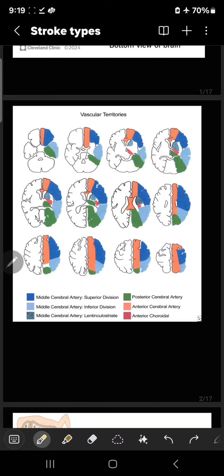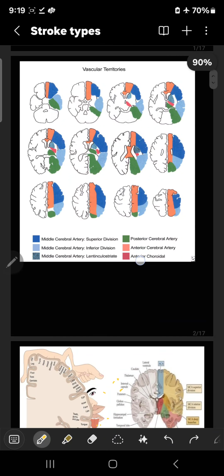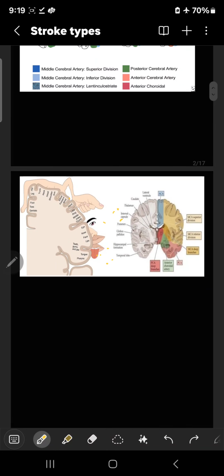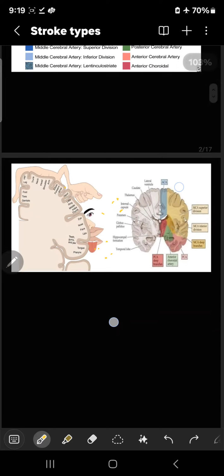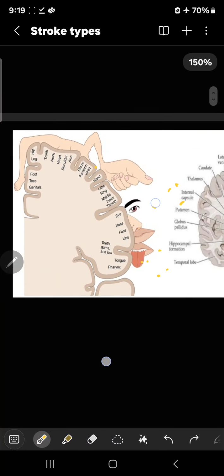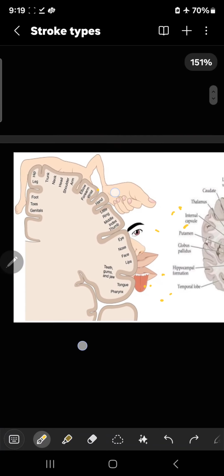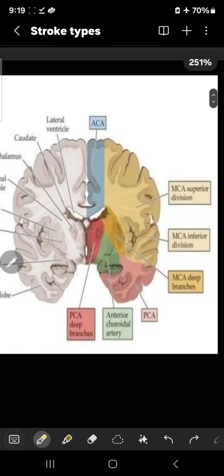The posterior is in the posterior part, and the middle is the blue one. So we have to be familiar with this diagram.